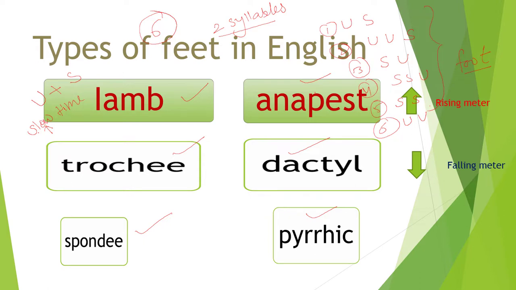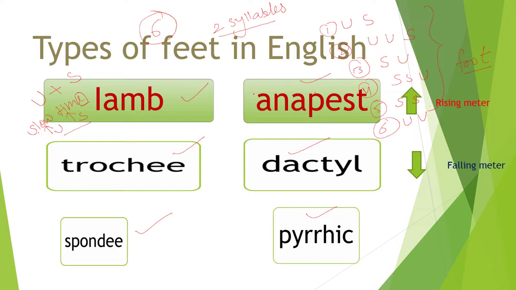Another syllable is here, time, another vowel sound. This E is not pronounced because it is at the end of the word. At the end of the word, the sound is not pronounced until it is connected to another word. So slow time, this is unstressed and this is a stressed syllable. This type of combination of unstressed and stressed syllable is called iamb.